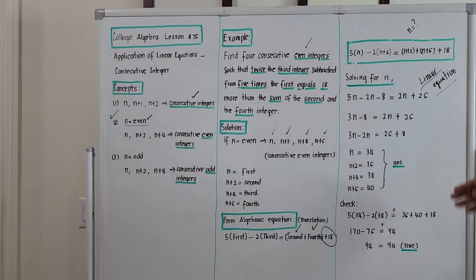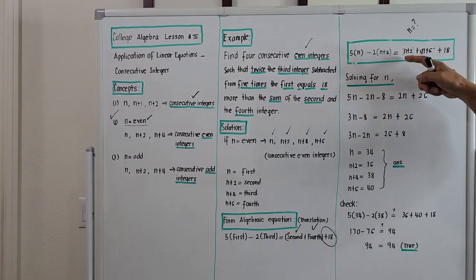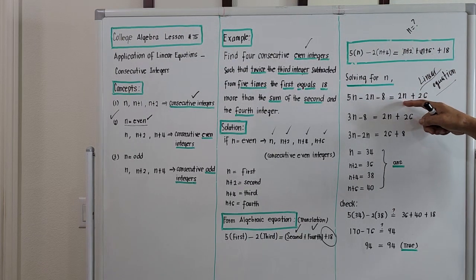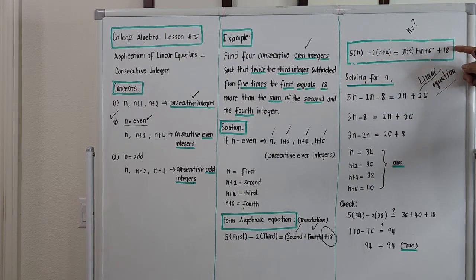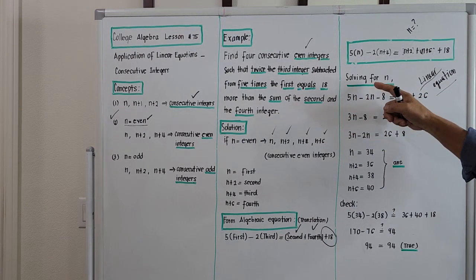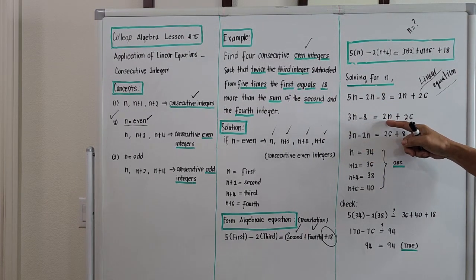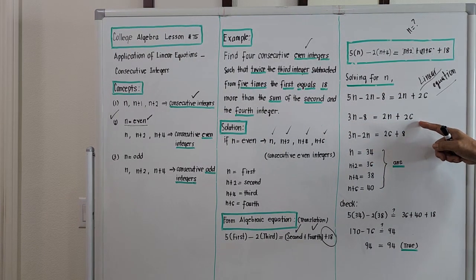For the right hand side, there's no problem, the operations are all plus, so we could remove the parentheses. So n plus n will be 2n, and 2 plus 6 plus 18 will be 26. For the left hand side, 5n minus 2n will be 3n minus 8 equal to 2n plus 26.